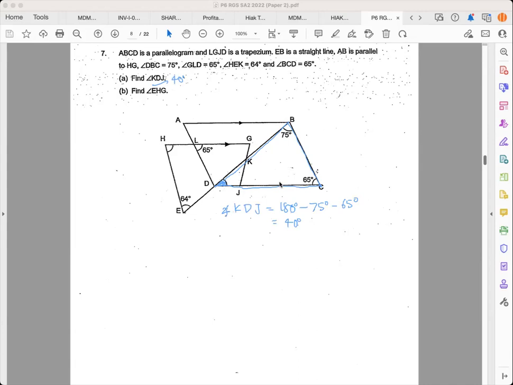EHG. So look at this angle. Now to do this, first, let's find out what this angle is. To know what this angle is, we need to know what this other angle is. This angle is actually an alternate angle. Look here. Can you see the Z here?